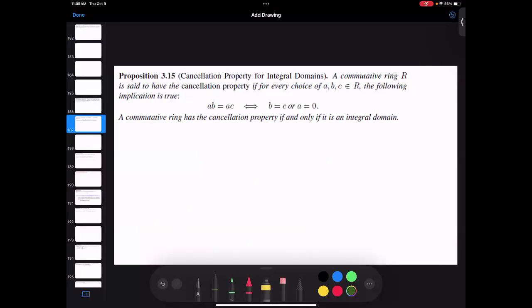That doesn't mean 3 equals 7. So the only way I can have AB equals AC is either A equals 0 or B equals C. And then the next line is what you would expect. A commutative ring has the cancellation property if and only if it is an integral domain.